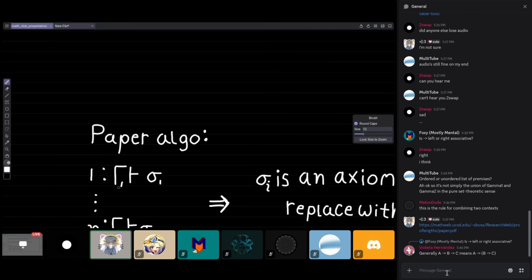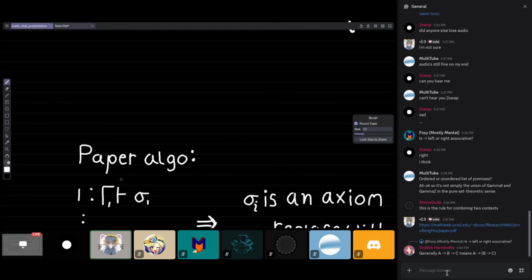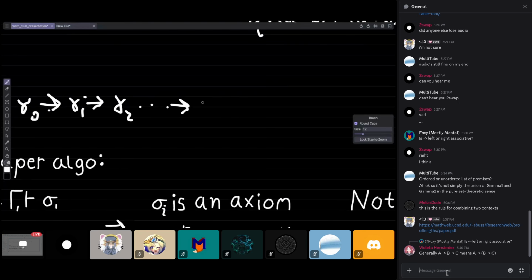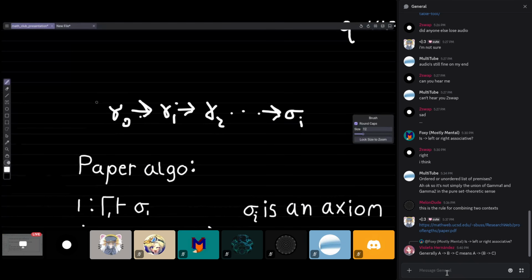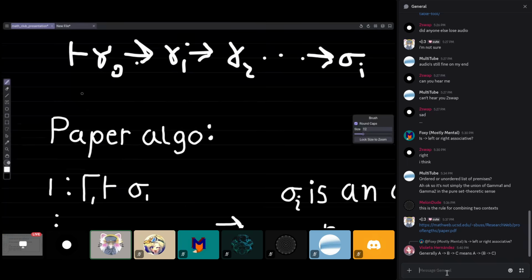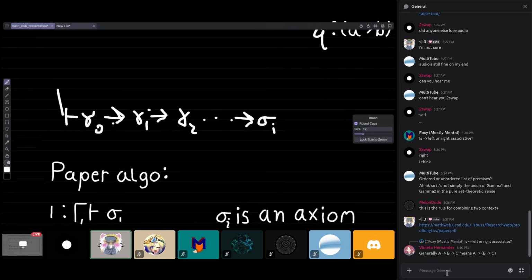So instead of from gamma 1 we can derive sigma 1, we really want just gamma 0 implies gamma 1 implies gamma 2 implies sigma I. So we're trying to turn a proof of this form into a Hilbert style proof of this form.